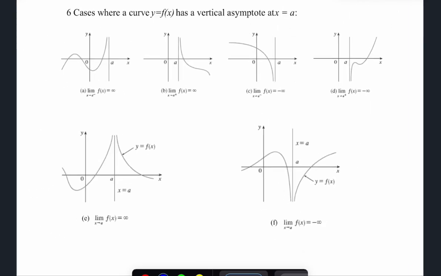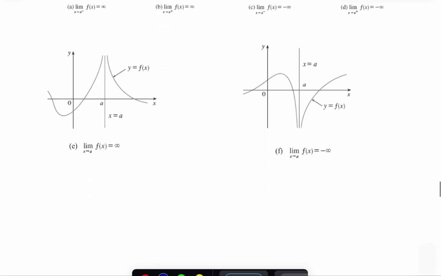So that's just what they look like, just so you have that as a reference.